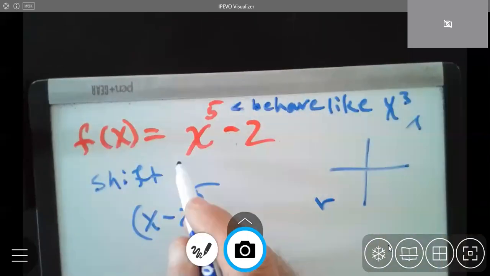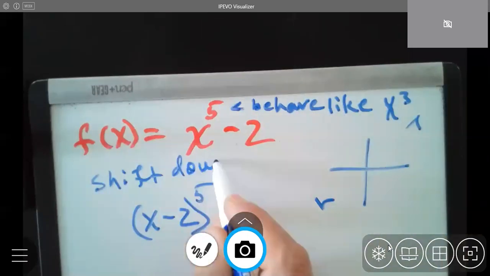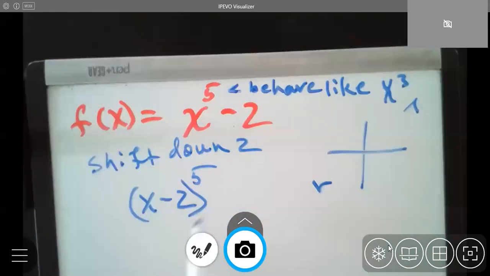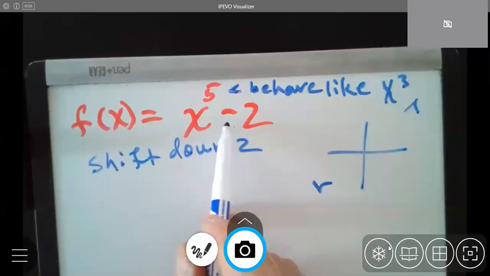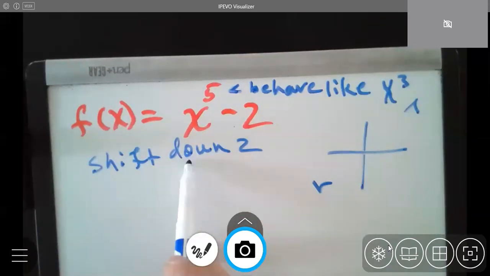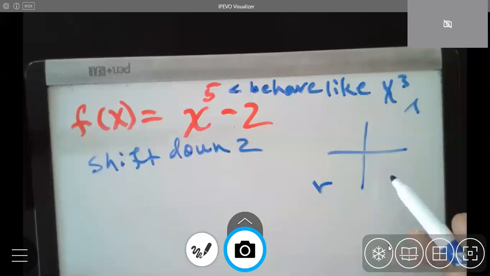So this will shift down. If it was inside the parentheses, then it would shift right. But when there's no parentheses, like this, it shifts down. So it makes a difference if there's parentheses or no parentheses. Okay? So it shifts down.